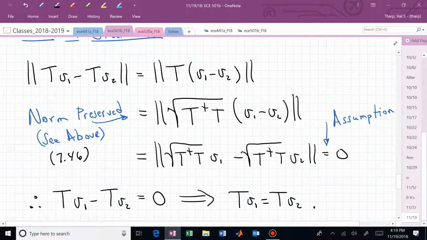And since that 0 is equal to what we started with, what was inside the norm, Tv1 minus Tv2, must be the zero vector. So if the positive operator on v1 equals the positive operator on v2, then Tv1 is equal to Tv2. So we have a uniqueness between this positive operator operating on a vector and T operating on that same vector.